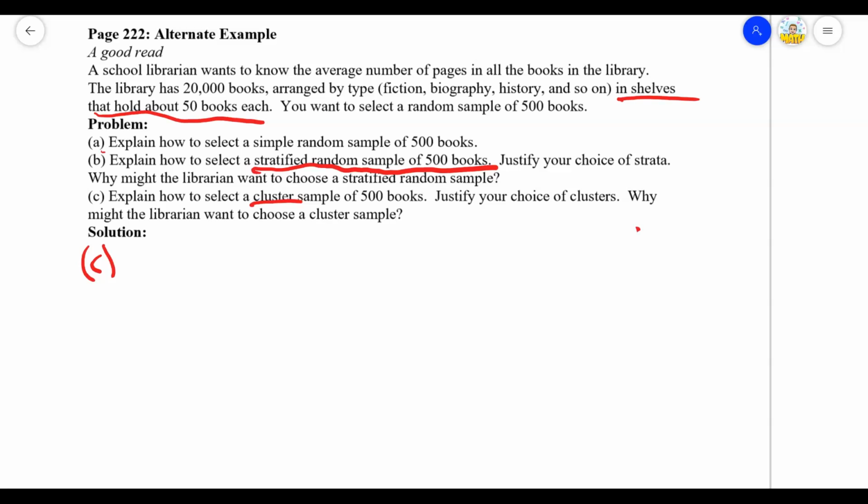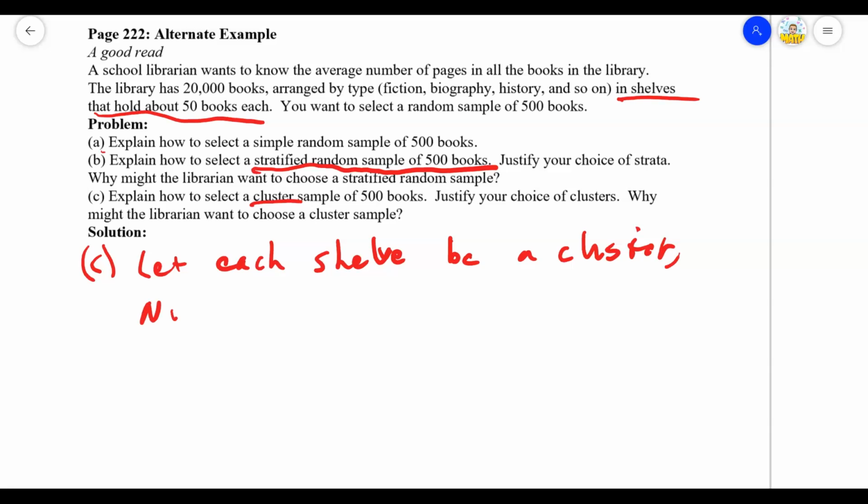So if each shelf would be a cluster, okay, then we would number all the shelves. Since they each hold 50 books, 20,000 divided by 50 is 400 if I did that right. So I would number the shelves 1 to 400. There must be 400 shelves, okay?